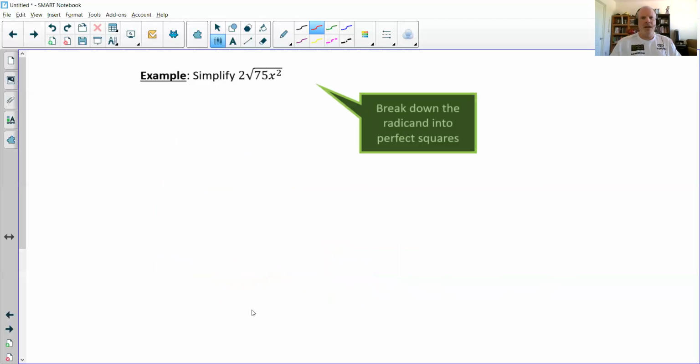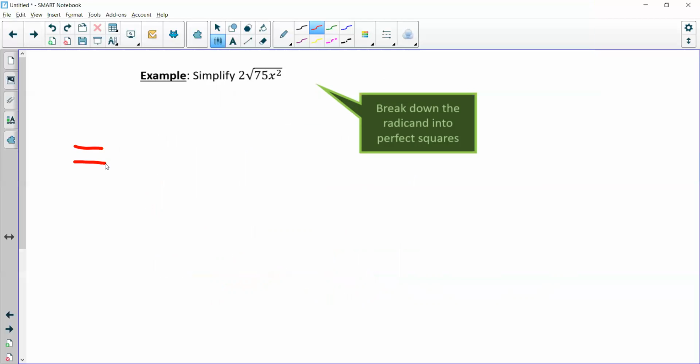Let's look at the next example on your notes. So on this one, we want to break down the radicand into as many perfect squares as we can. So maybe you notice that 75 can be broken down into 3 times 25.